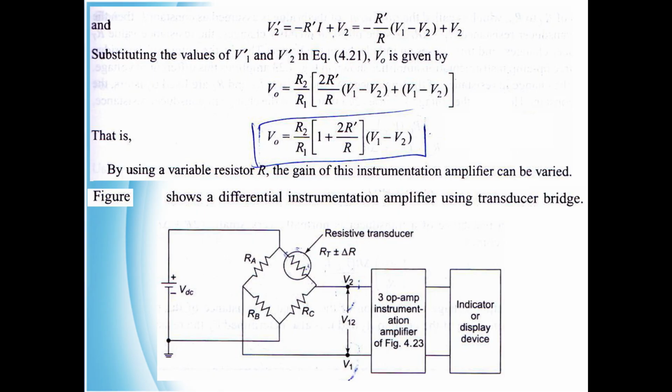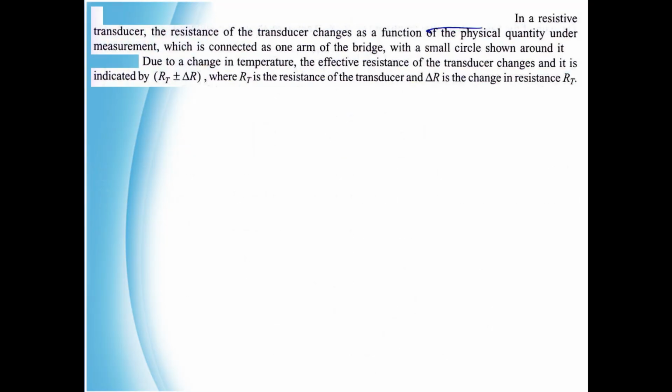So, a differential instrumentation amplifier using transducer bridge is an application. In a resistive transducer, the resistance of the transducer changes as a function of the physical quantity under measurement, which is connected as one arm of the bridge with a small circle shown around it.